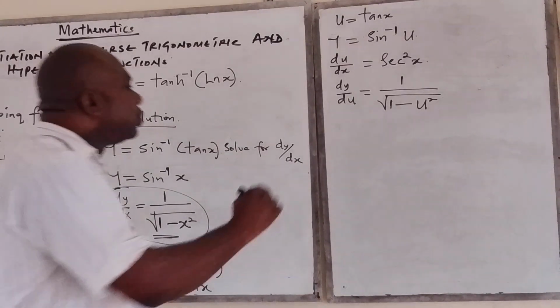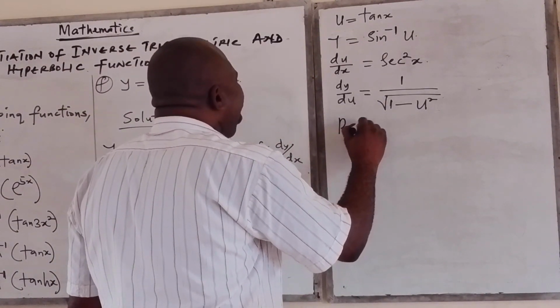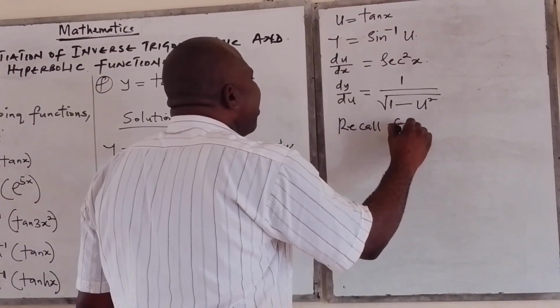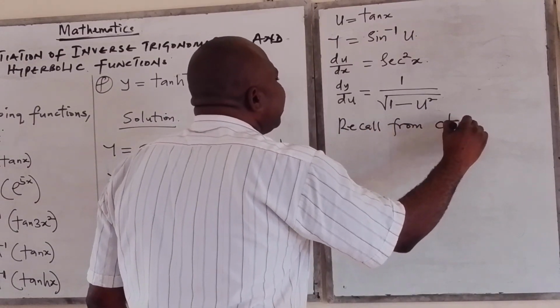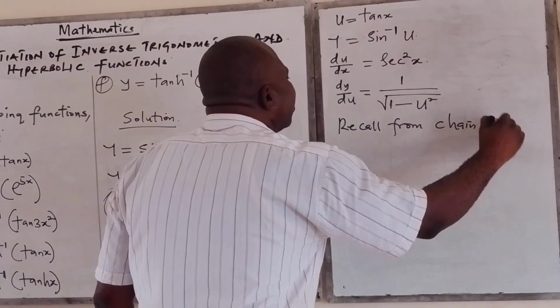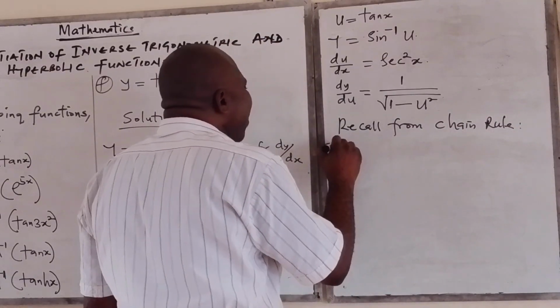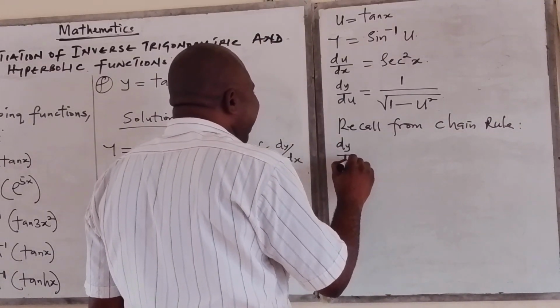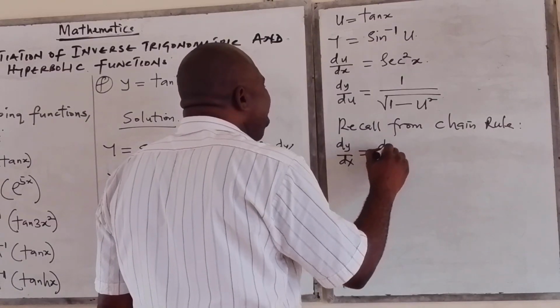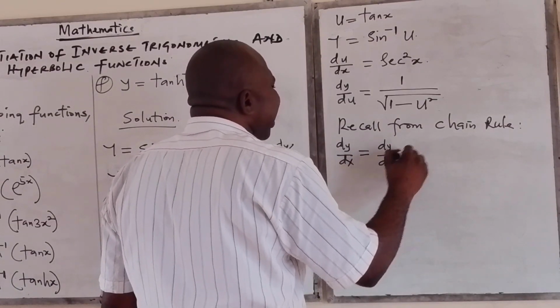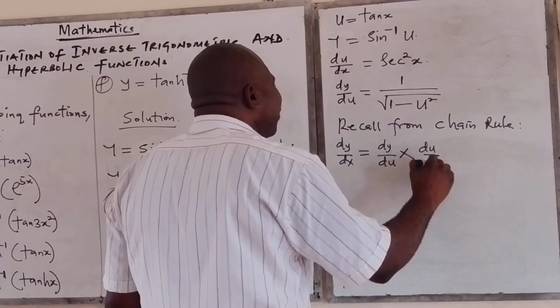And remember from the chain rule that dy over dx is dy over du times du over dx.